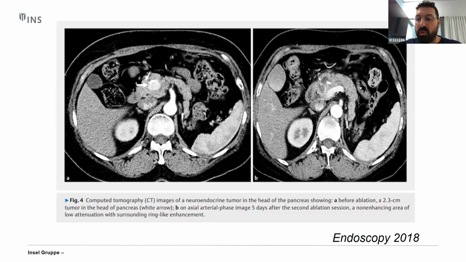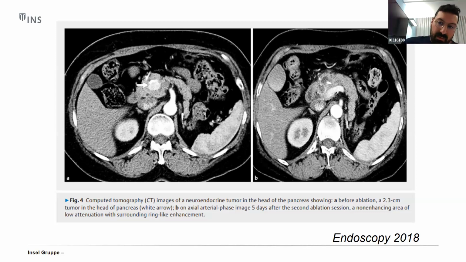Ich würde das mit großem Respekt nehmen, wegen des Duktusschadens. Wäre ein Stenting des Hauptganges dann die Lösung, dass man ihn damit schützt?